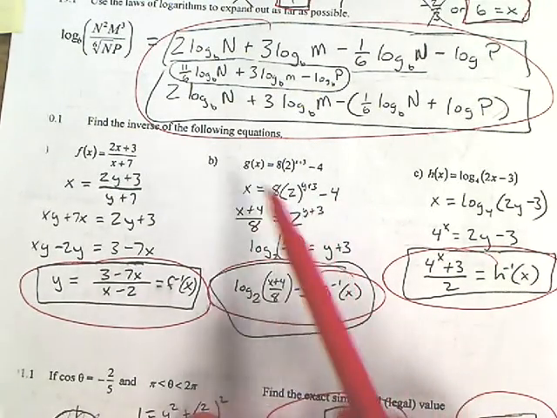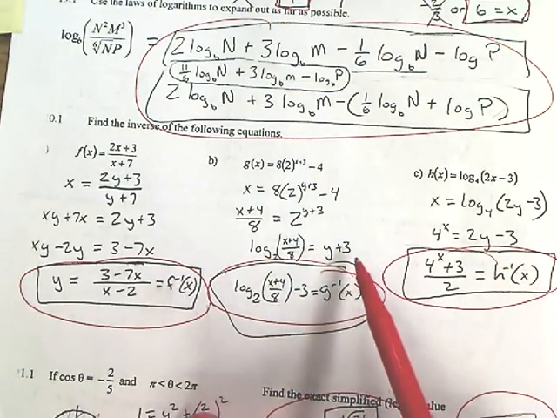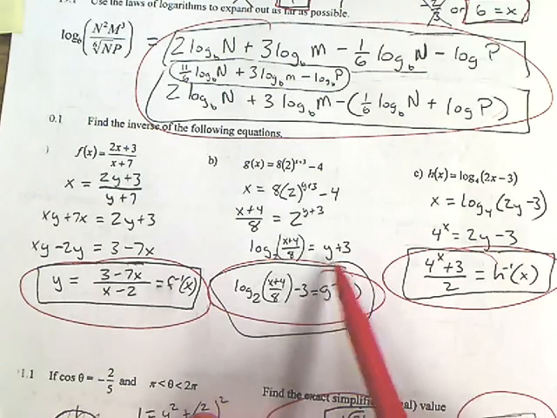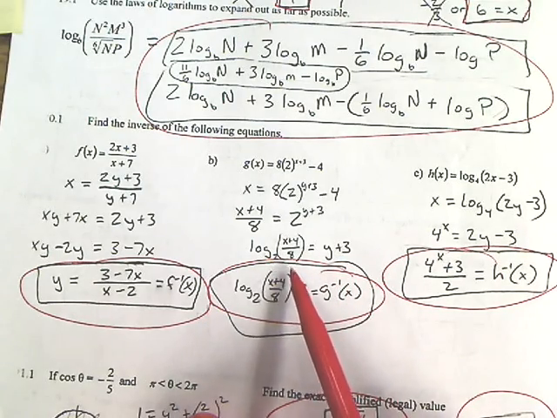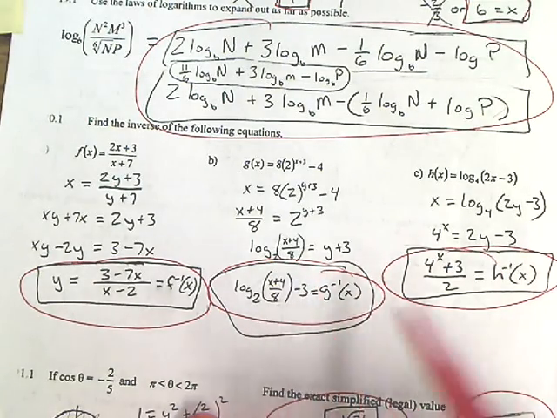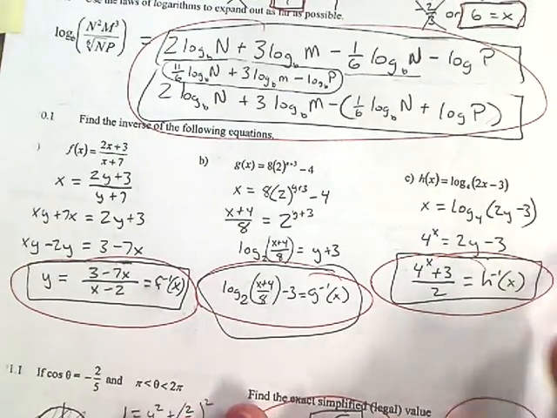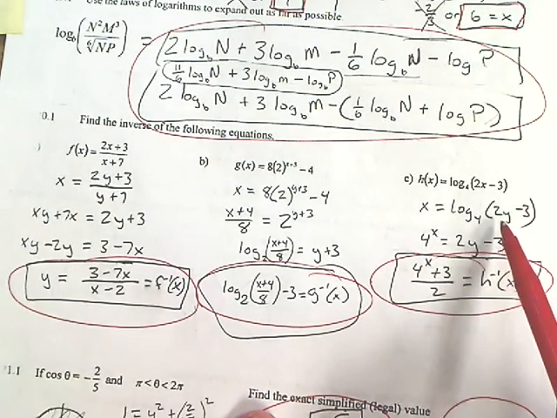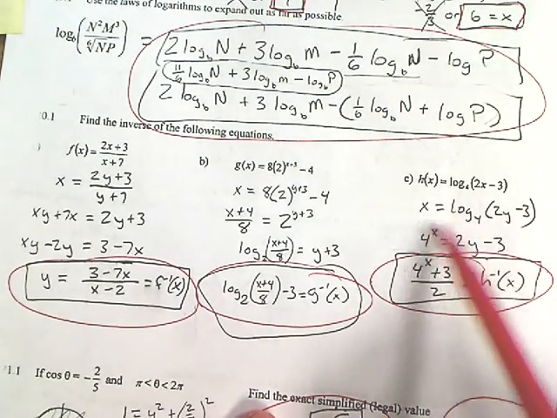Add the 4, divide by the 8. Rewrite it using the log rule. And then all I have to do is subtract 3. Switch the x's and y's. Rewrite it using the definition of log.